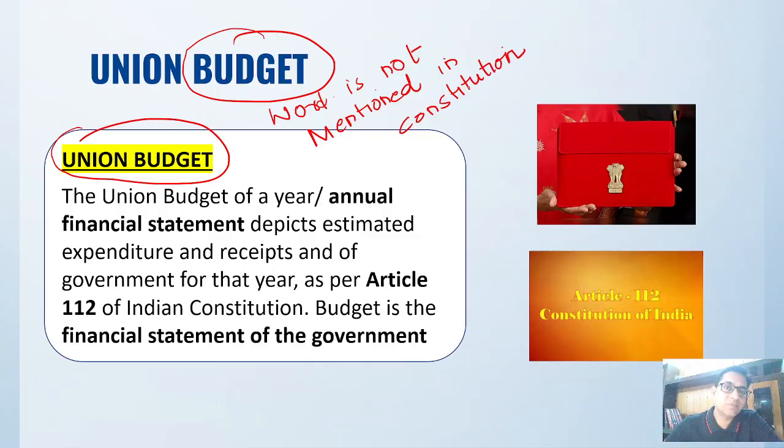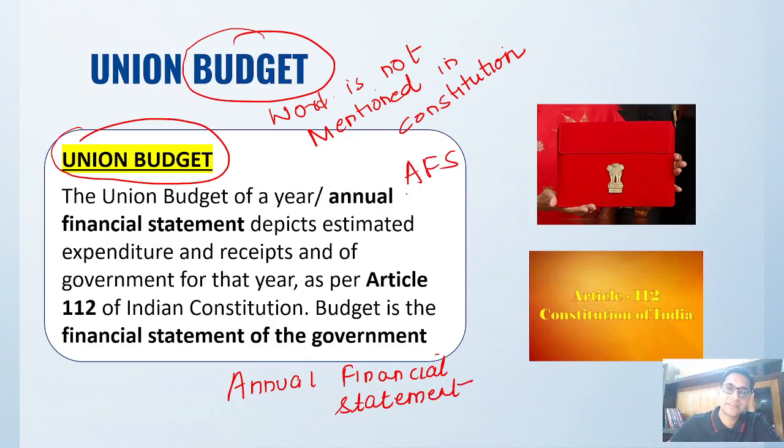The word that is mentioned in the constitution is annual financial statement, AFS. Under Article 112 of the Indian Constitution, the annual financial statement has to be laid in front of the parliament every year.